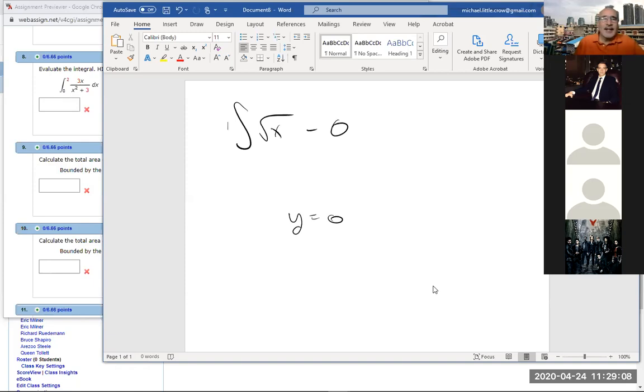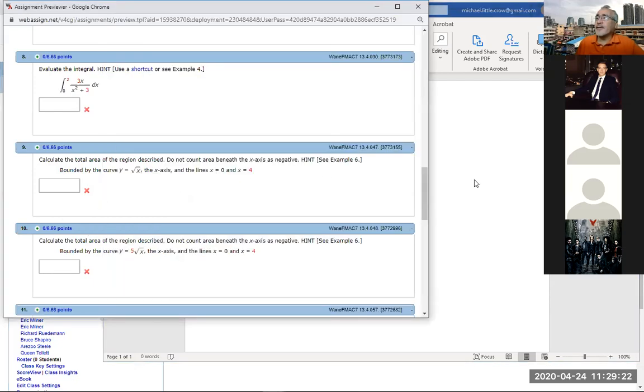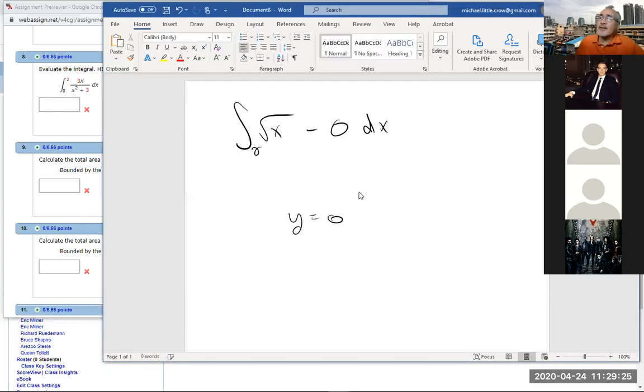But it ends up being just extra information that is not important because it goes away. And because they give us the intervals, bounded 0 and 4, they tell us we're going from 0 to 4 anyway.